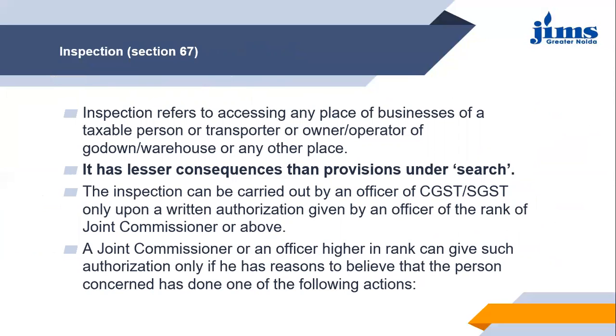The inspection here refers to assessing any place of business of a taxable person, or transporter, or owner or operator of a godown, warehouse, or any other place. So inspection here means when you go physically to assess the place of business of the taxable person, or the transporter, or the owner or operator of any godown or warehouse where the goods are being stored, or any other place from where you are sure that it is related to the discrepancy in tax payment.